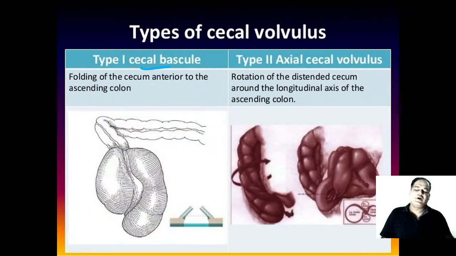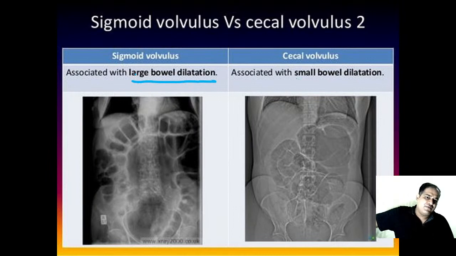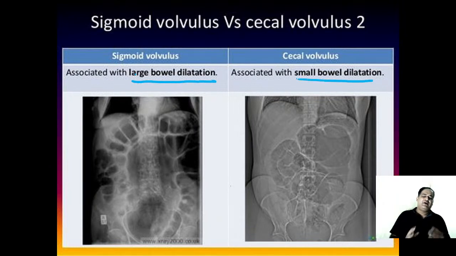So you have to understand the difference between cecal bascule and cecal volvulus. Fine. Sigmoid volvulus, there will be large bowel distension. Whereas in the cecal volvulus, there will be small bowel dilatation.